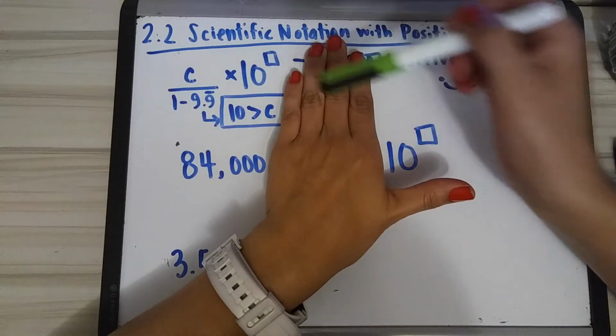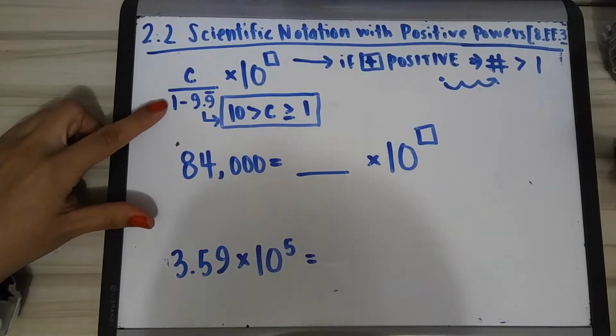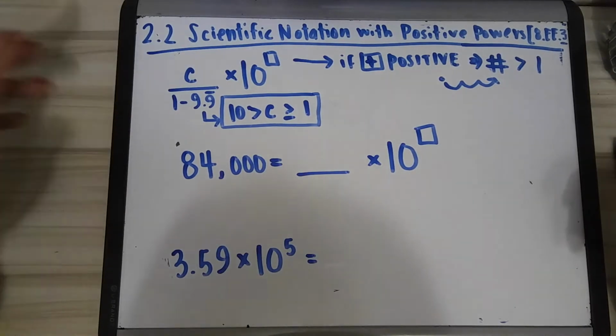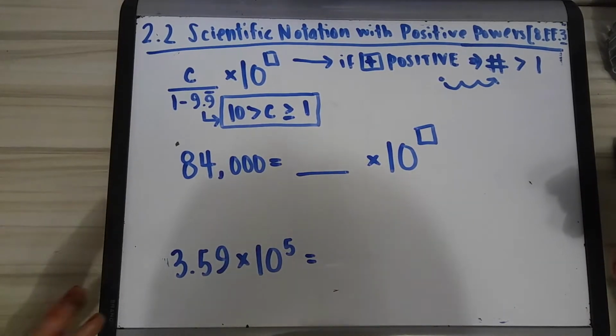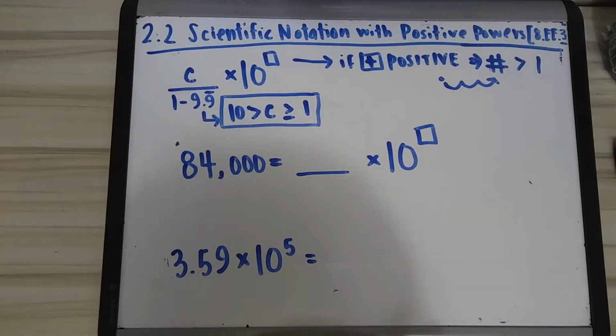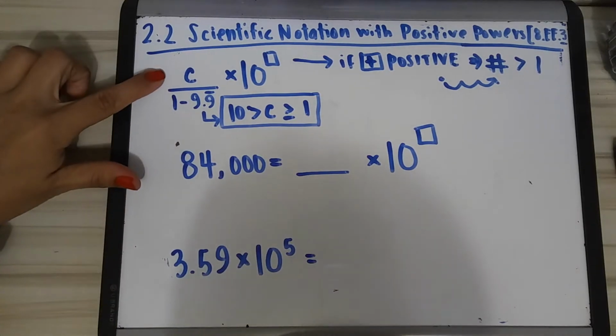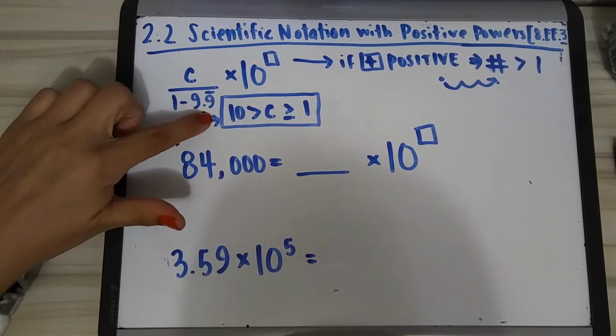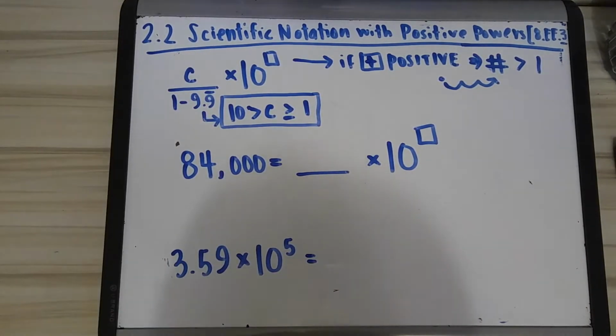That's why 10 is greater than C, right? So basically it has to be a number between 1 and 9.999 repeating. It cannot be 10, because otherwise you would have to add another power there and it would defeat the purpose of using scientific notation. So again, this number must be between 1 and 9.9. It cannot be 10 and it cannot be less than 1. So it has to be 1 or greater than 1 but less than 10.